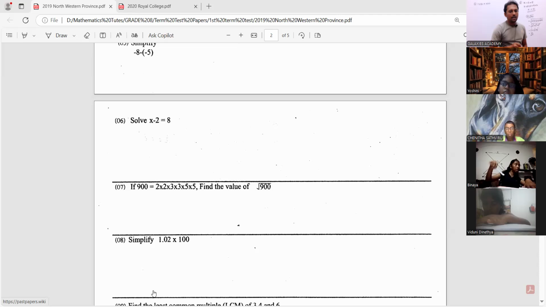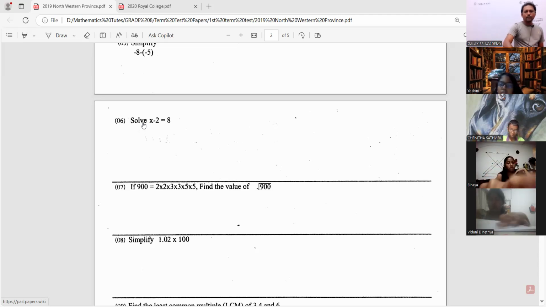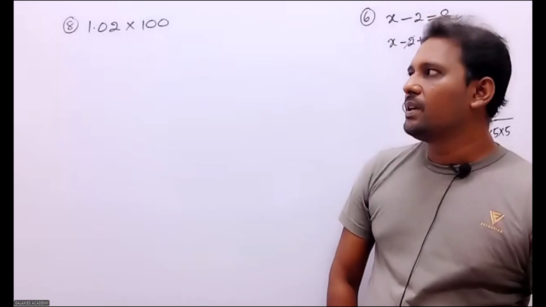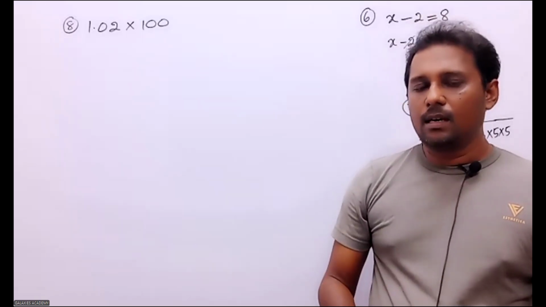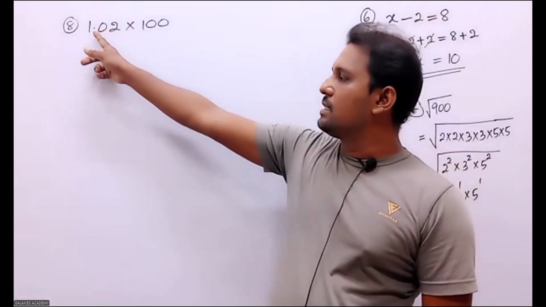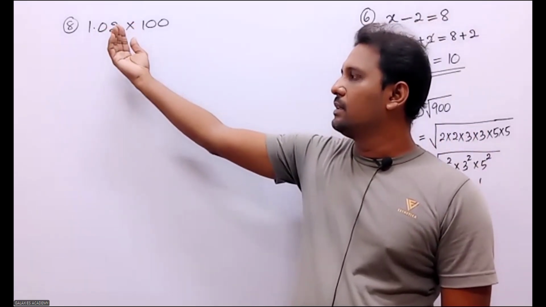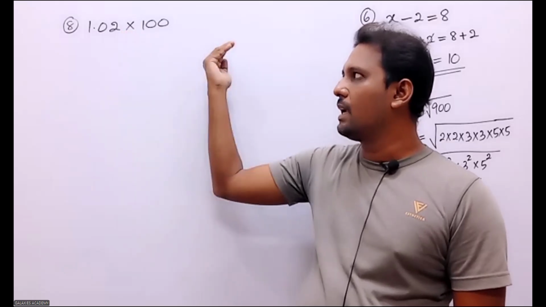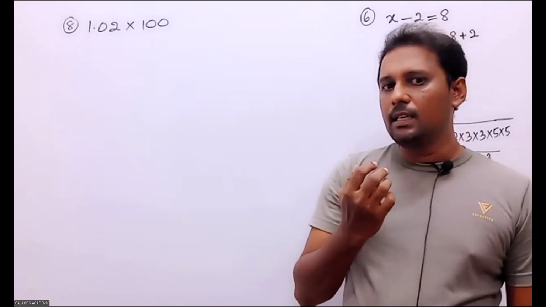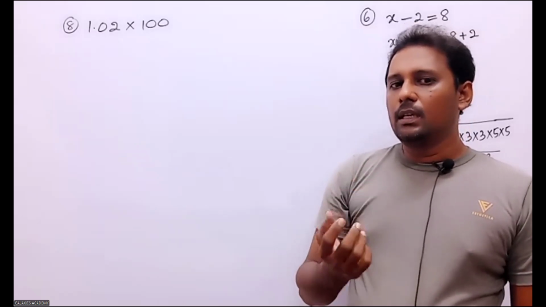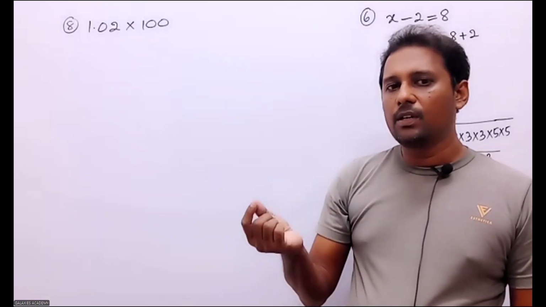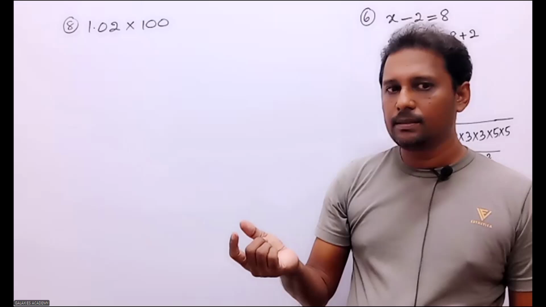1.02 multiply 100. How can you do this one? You remember when you multiply by 10, 100, 1000, right? This decimal point you have to take to your right hand side. How many places do you have to take? It is equal to the number of zeros of the power of 10, right?